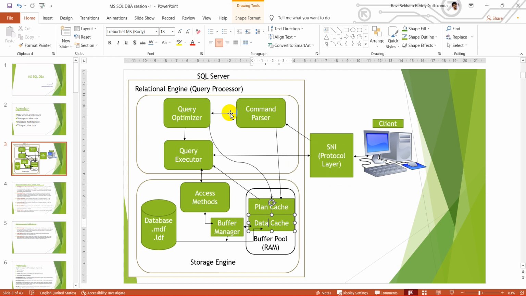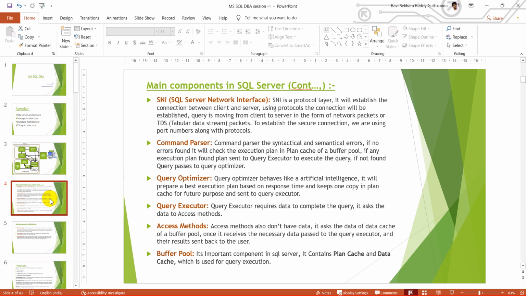As I said, for each and every component, I have placed the information in the next slide. SNI is the SQL Server Network Interface. SNI is a protocol layer, and it will establish the connection between client and server.